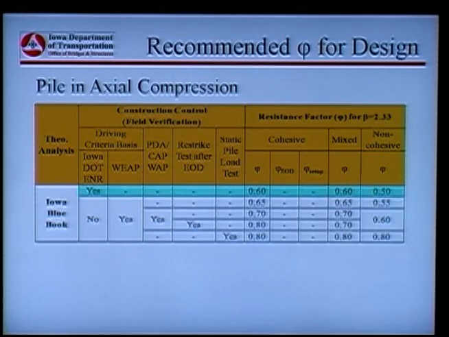But again, we'll be repeating this throughout today and show you how you could choose the right numbers from this table. This is to give you an idea what you're going to see in the following presentations. So this is the resistance factors for design of piles in axial compression.